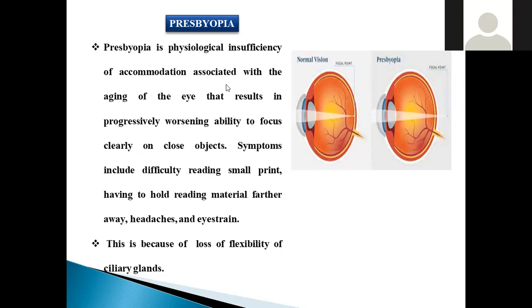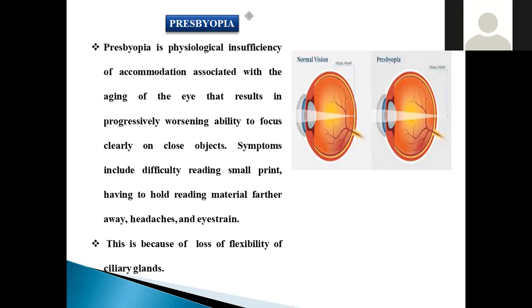In that case, presbyopia is possible. It may be a combination of myopia and hypermetropia. Otherwise, myopia is possible, or hypermetropia is possible as well. So this is purely because of loss of flexibility of the ciliary muscles.